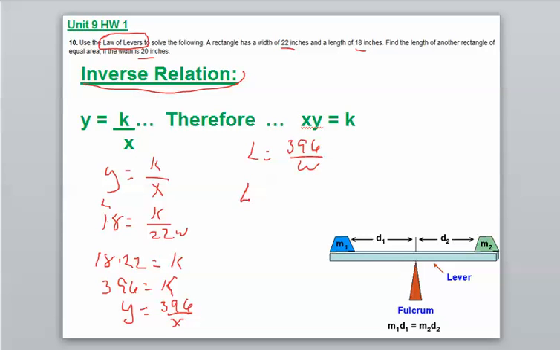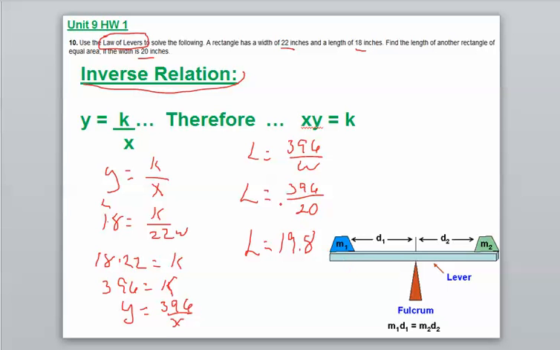So the length will be equal to 396 divided by 20. Let's see here if I can do this in my head. 396 divided by 20 is 19.8. So my length in this situation is equal to 19.8.